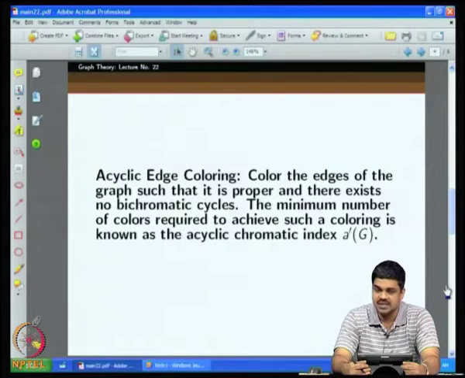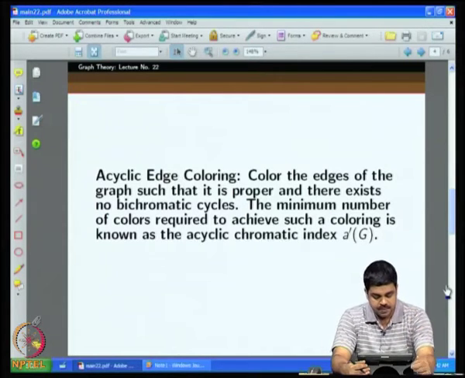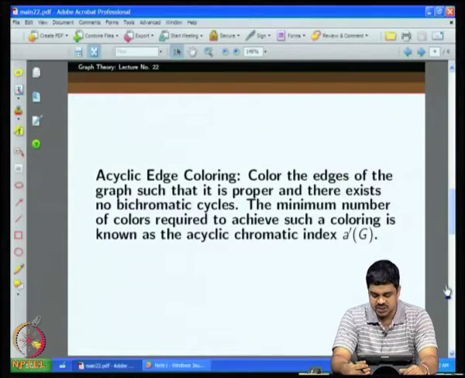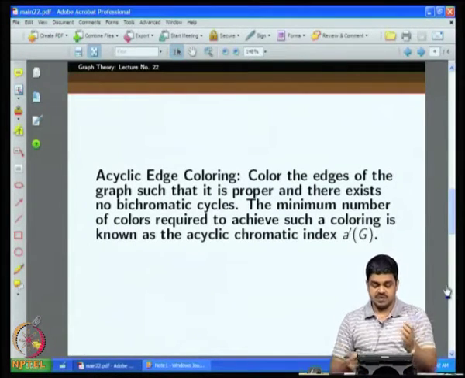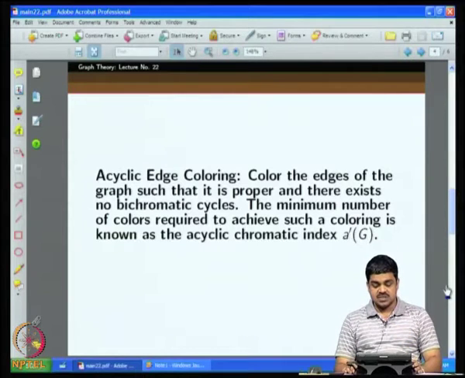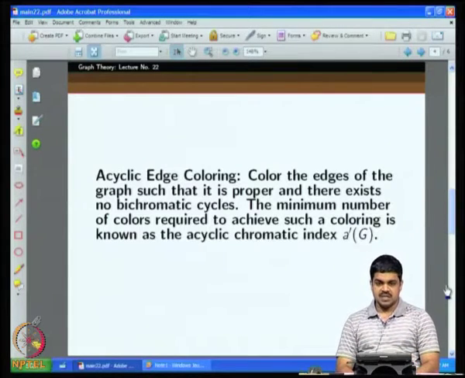That means two adjacent edges should not get the same color, and we also have the condition that there are no bichromatic cycles. The minimum number of colors required to achieve such a coloring is known as the cyclic chromatic index.